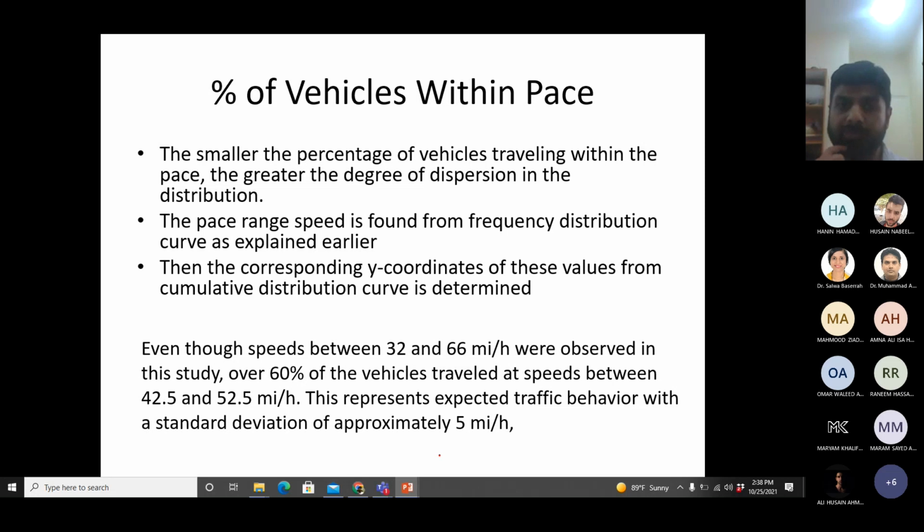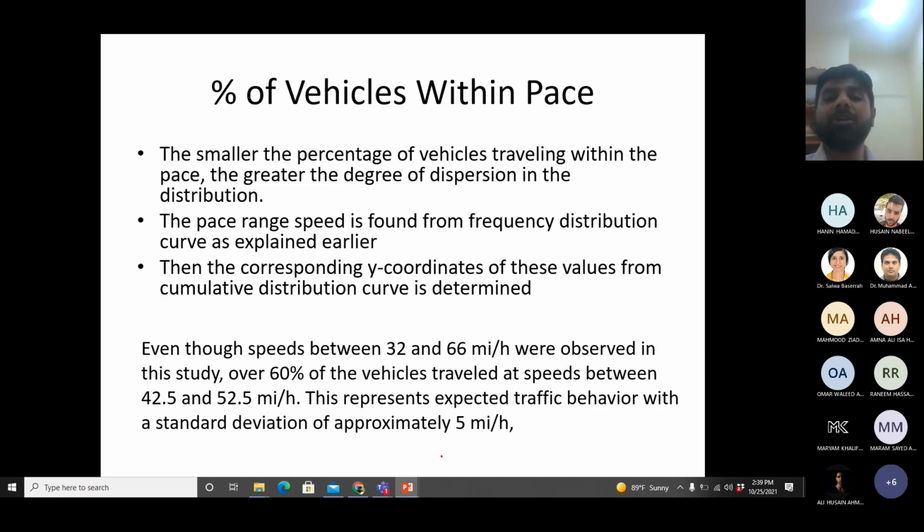I know the pace is 42.5 to 52.5. I used the ruler, slid it on the graph, and found the values from the x-axis. But how many drivers are driving in that range? Is it 50%, 60%, 70%?